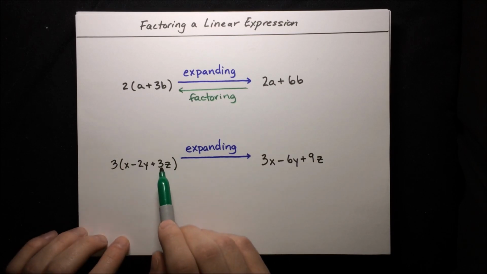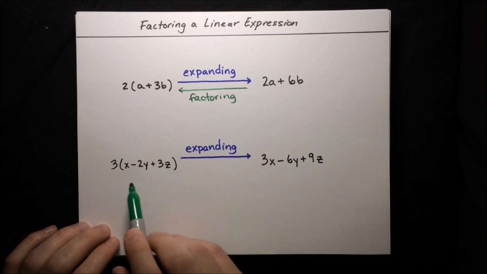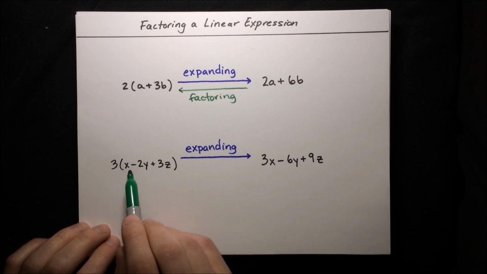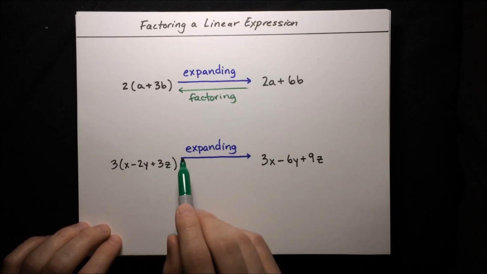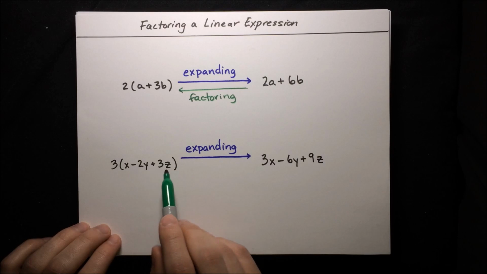Here's another example. Expanding would be, say if we've got 3 times the quantity x minus 2y plus 3z, we expand that out by distributing that 3 to each of these terms.